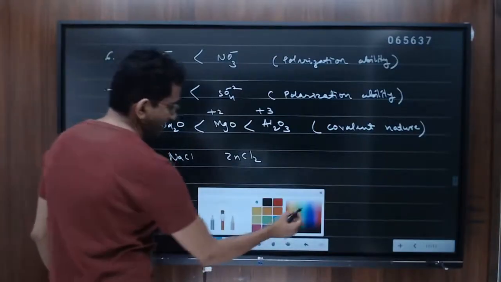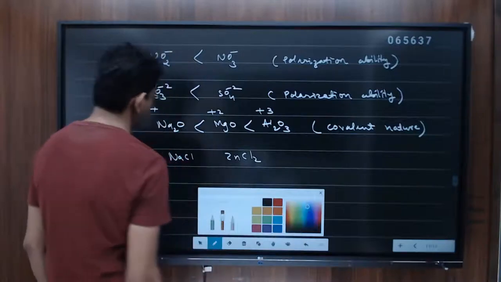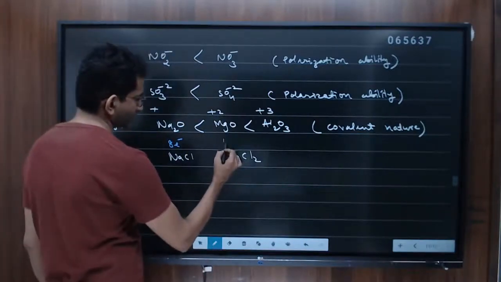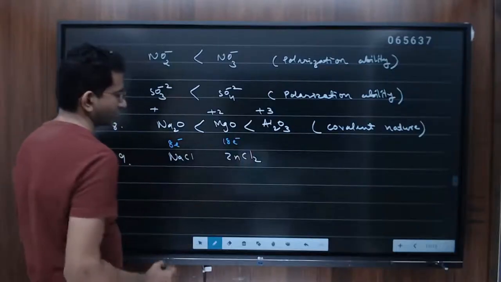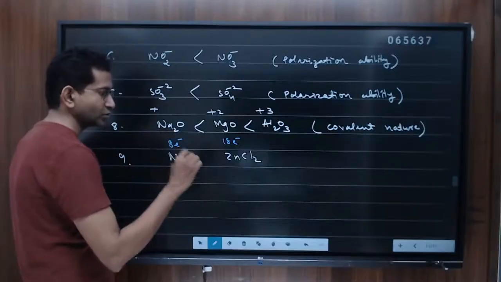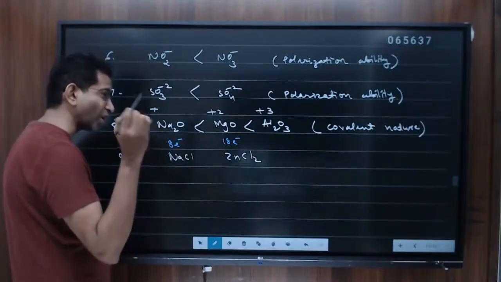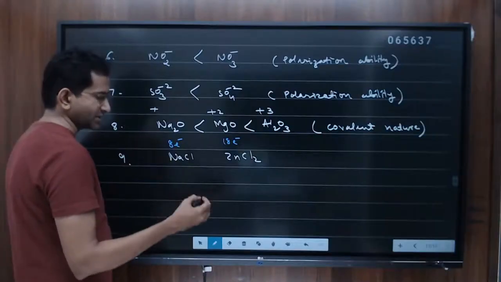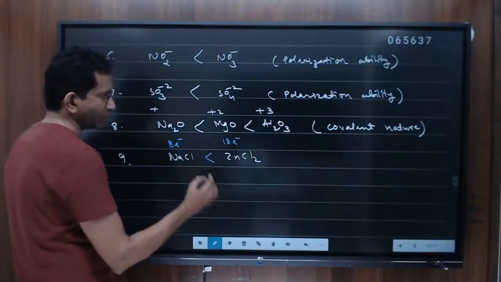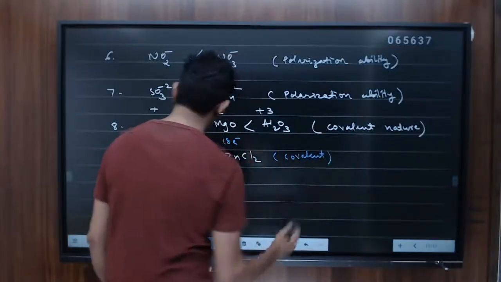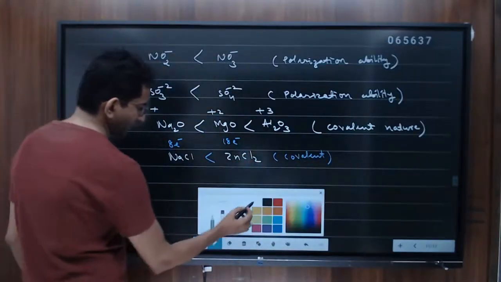This has 8 electrons in outermost orbit. Zn plus 2 has 18 electrons in outermost orbit. This is pseudo noble gas configuration, and pseudo noble gas configuration has always higher polarizing capacity. So definitely this has more covalent character. Right?